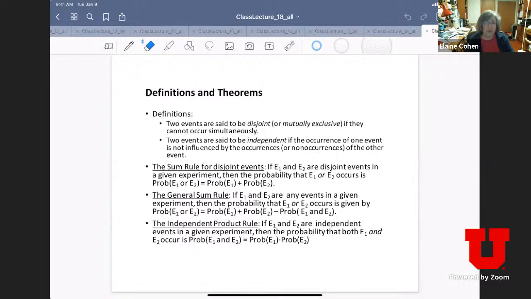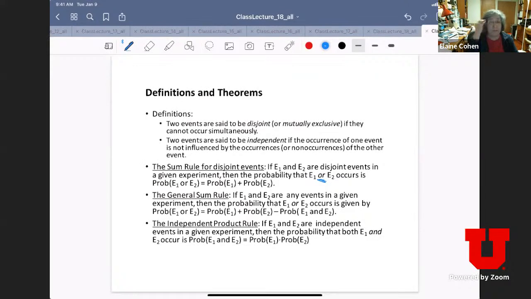The rule of sums for disjoint events says that if they are disjoint, then the probability of E1 or E2, remember we're looking at or here, is the probability of E1 plus the probability of E2.